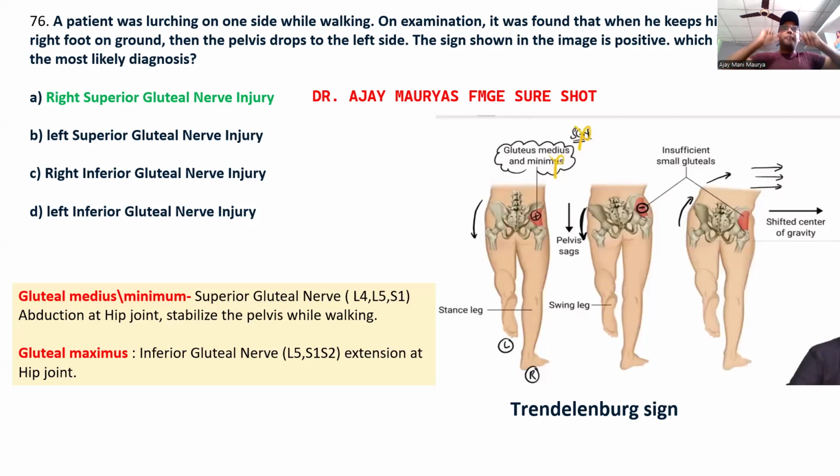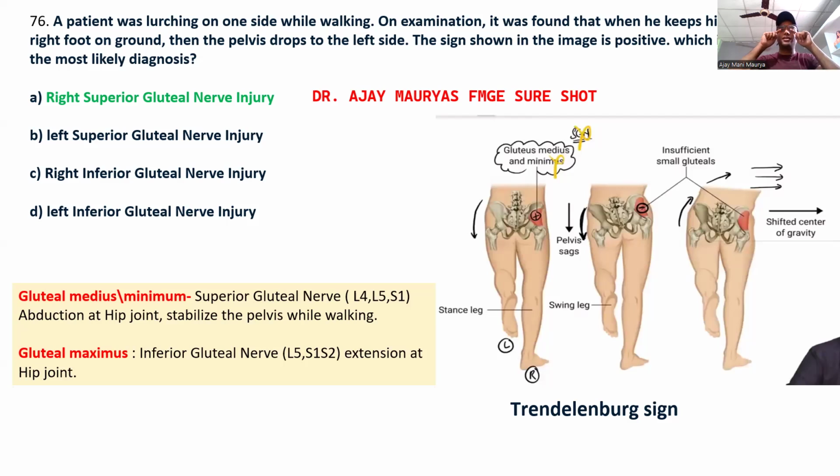It acts as the abductor at the hip joint and stabilizes the pelvis while walking. Okay, now what nerve supplies the gluteus maximus? The inferior gluteal nerve. IG, inferior gluteal, gluteus maximus, IG max.